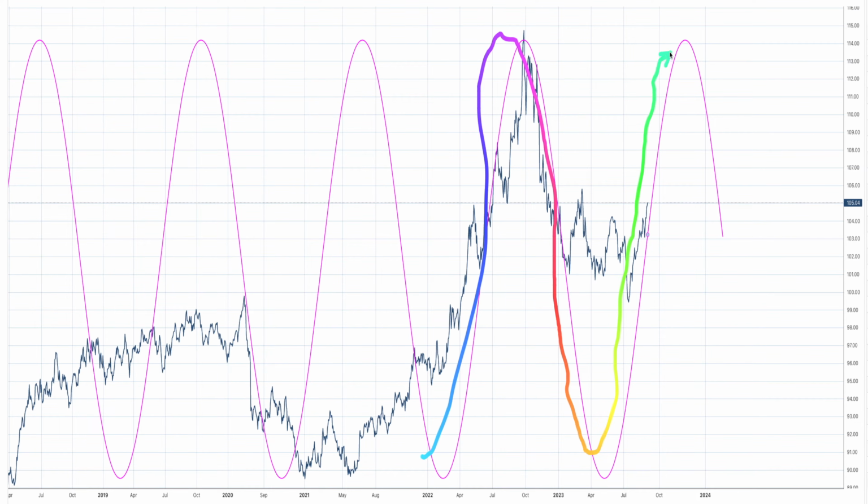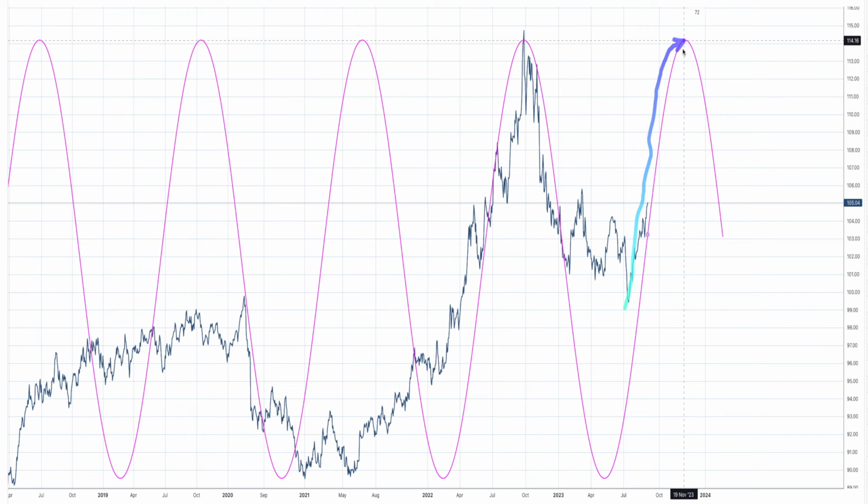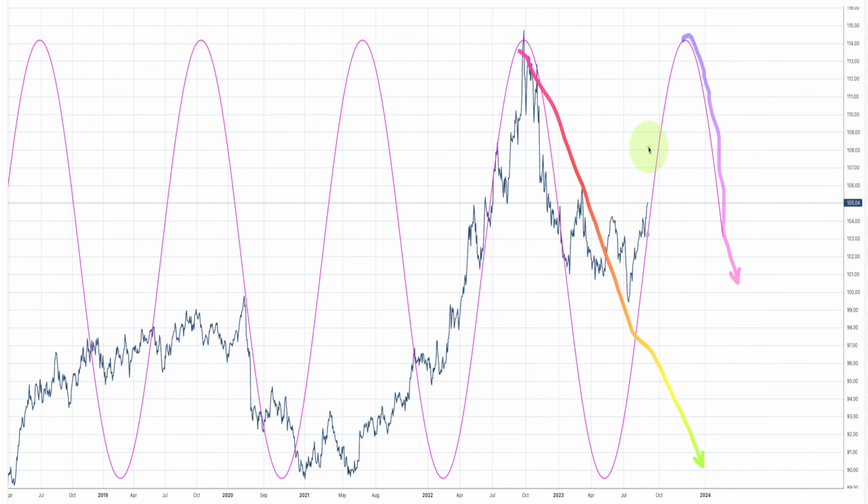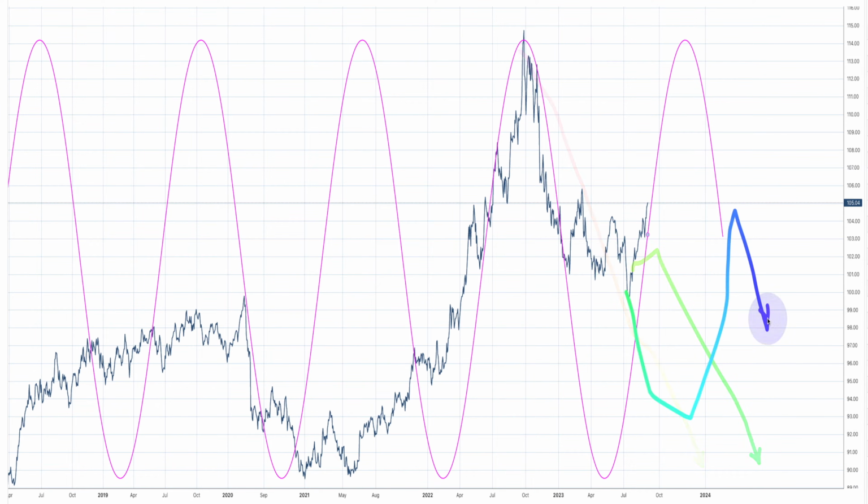So in theory, we could see the dollar rise up around November, get very toppy, and then resume the weekly cycle projection, which is down. It might fluctuate back and forth, but the weekly cycle bottoms out September 30th of 2024.